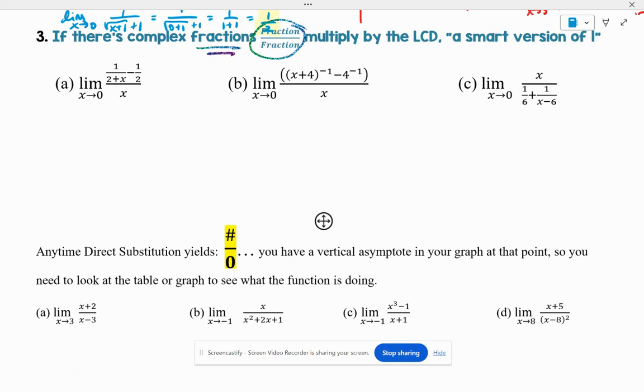If you were to get a common denominator between these two, what would it be? 2 times 2 plus x, right? So that would be the LCD. So what you do is multiply the top and the bottom by the LCD. That's a quick way of clearing the fractions up here, and then you just get one nice fraction. Okay? So do LCD of the complex fraction.